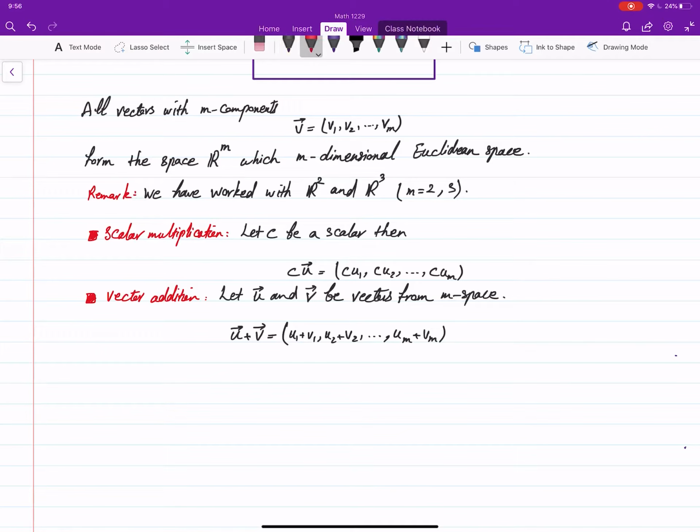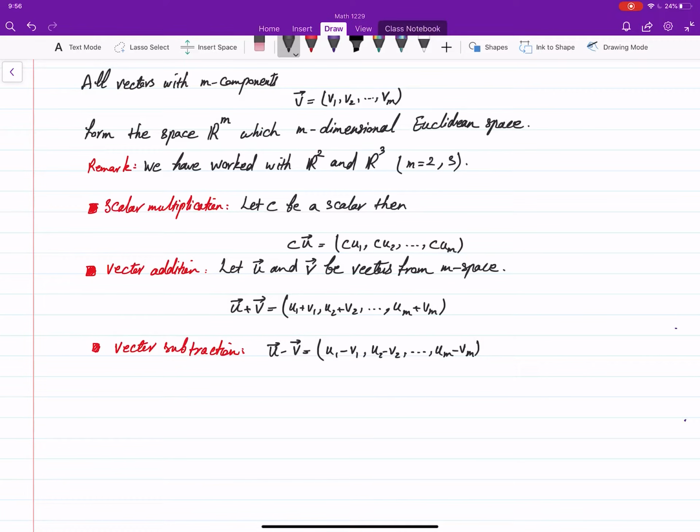In a similar way, we can have vector subtraction or differences, given by U minus V: U1 minus V1, U2 minus V2, and UM minus VM.